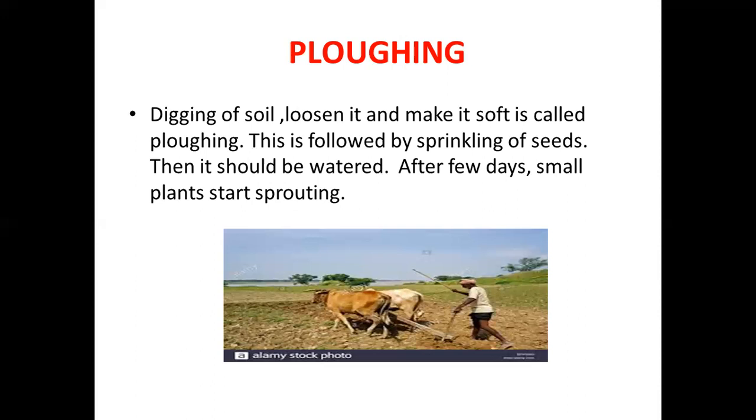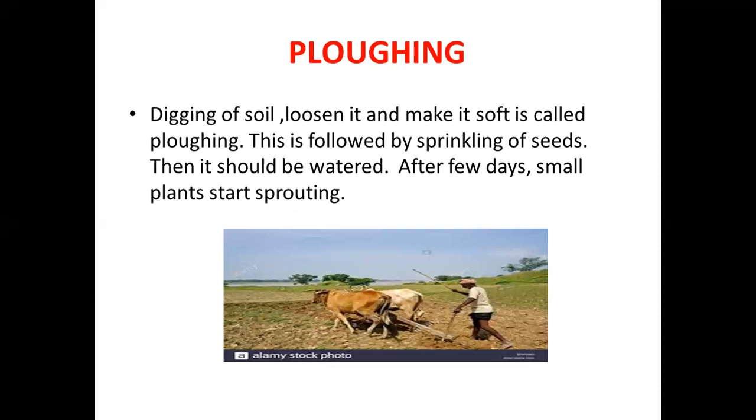These birds and animals move here and there in the fields. They bring those seeds and drop them in the fields. So those seeds will grow into plants which are weeds. You know that already, weeds are the undesirable plants which disturb the growth of the cultivated plants.